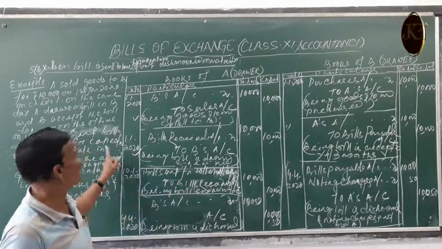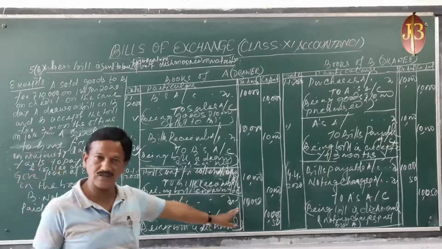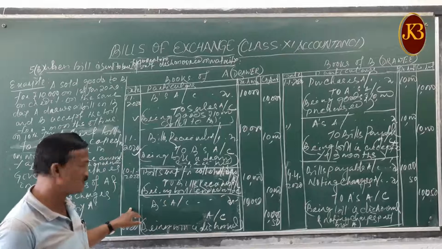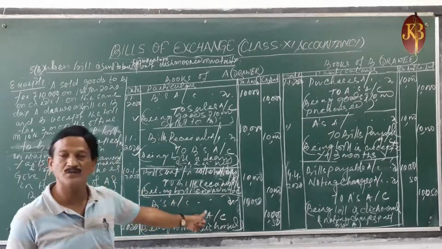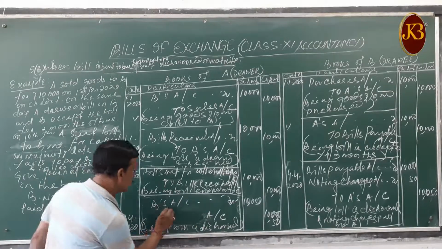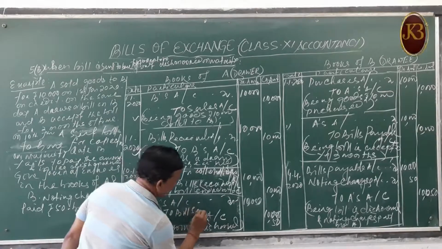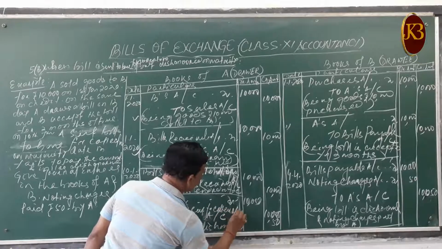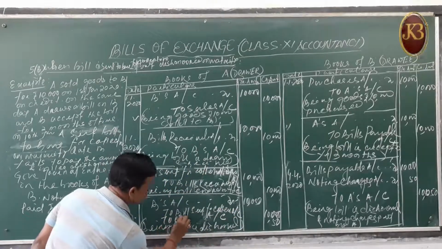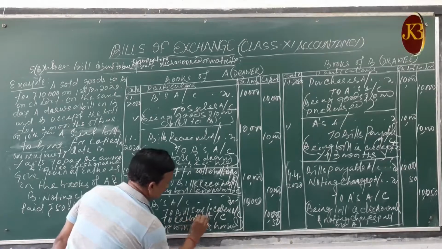That is on 10th January, A sent the bill to the bank for collection. On the maturity date, the bill is dishonored. So the drawee's account is debited to bill sent for collection account and to cash or bank account.